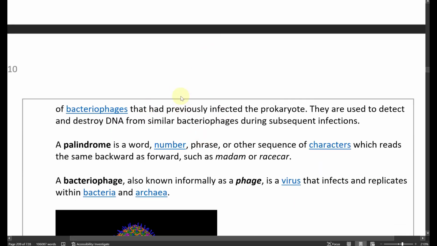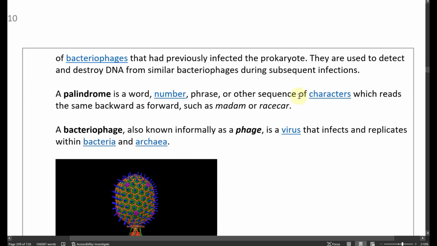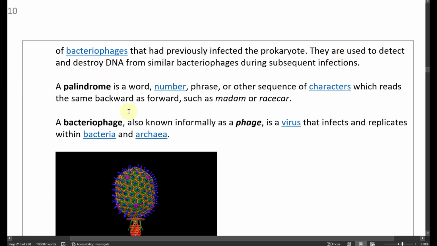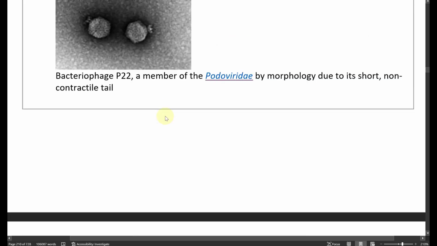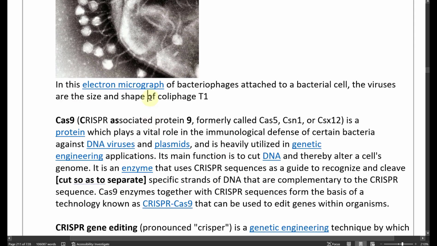Once those bacteria have been pre-infected, the next time they get infected, they detect and destroy DNA from similar bacteriophages during subsequent infection. So they're able to destroy the DNA of bacteriophages that come and attack again. Keep that in mind. That's going to be utilized for CRISPR tech.